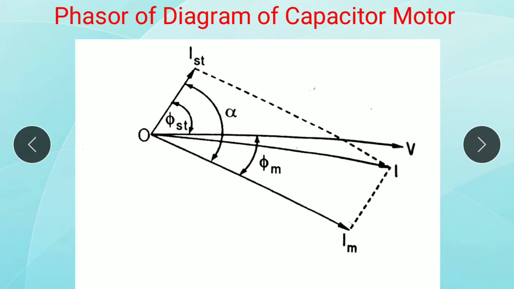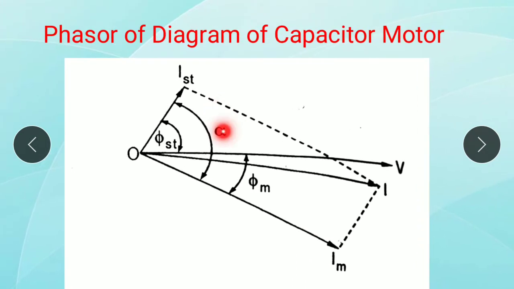The starting current Ist is leading by angle phi st, and the motor current Im is lagging by angle phi m. Ist and Im are nearly 90 degrees apart, but in actual practice the angle is alpha.